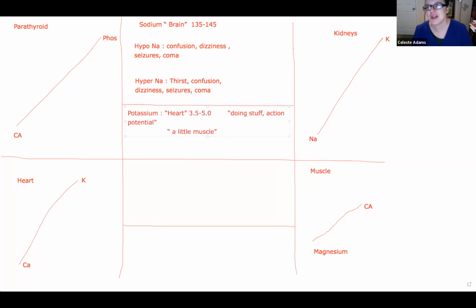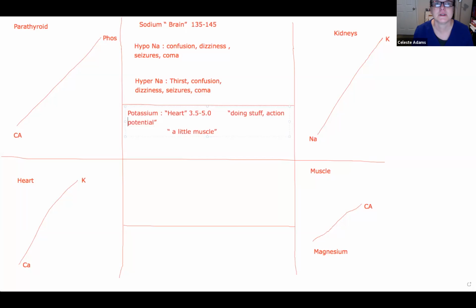So if you have a question on NCLEX, on an exam, and they don't have any cardiac symptoms in the answers, let's say the question is, what would be a sign and symptom of high potassium?